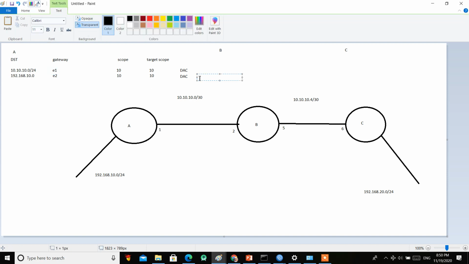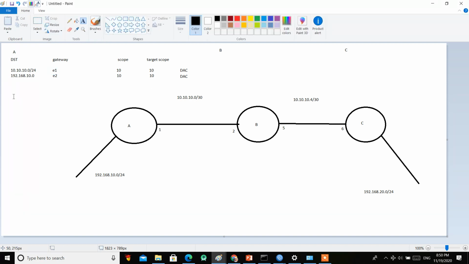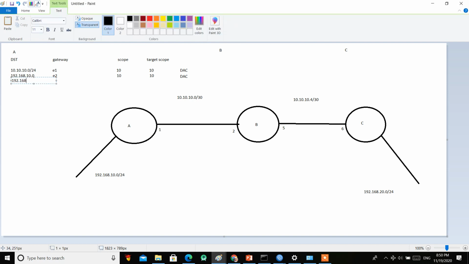But when you write, for example, another route 192.168.20.0/30, and you tell the router that you have to go to 10.10.10.2, the scope will be 30, and the target scope will be 10, and the flag will be AS, meaning active static, or for example BGP is DAB, meaning dynamic active BGP.